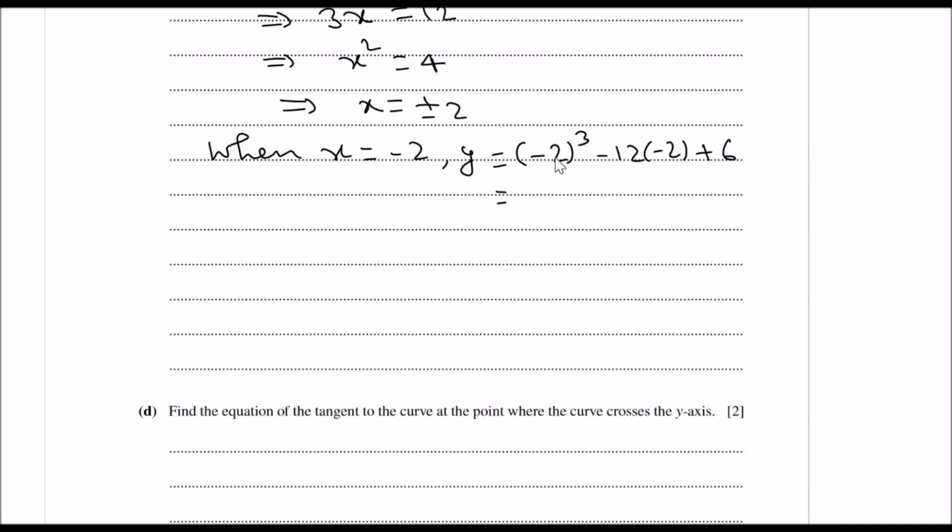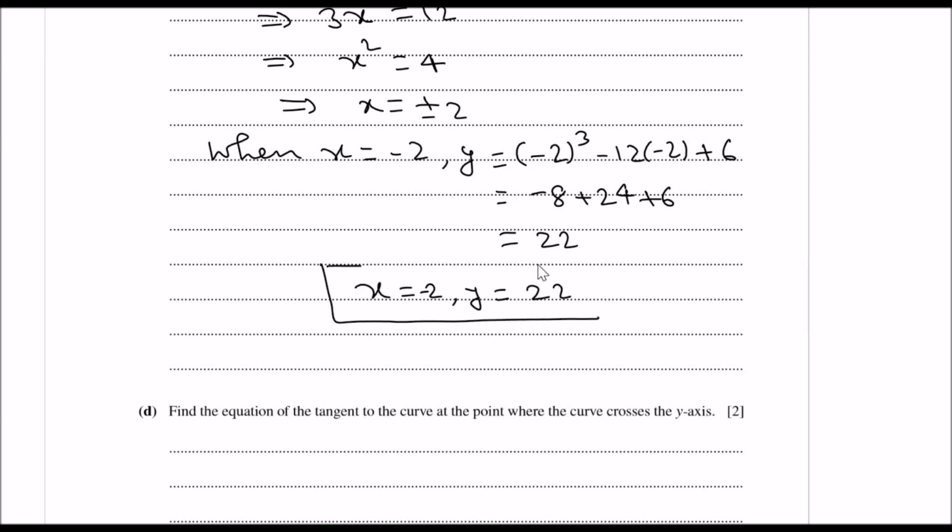So let us simplify, we get minus 8 and plus 24 plus 6. So 24 plus 6, 30, 30 minus 8, that is 22. So x equal to, sorry, minus 2 and y equal to 22. This is our other stationary point.